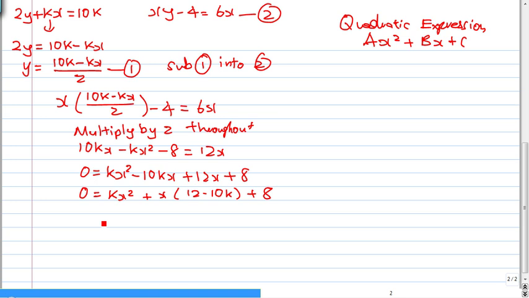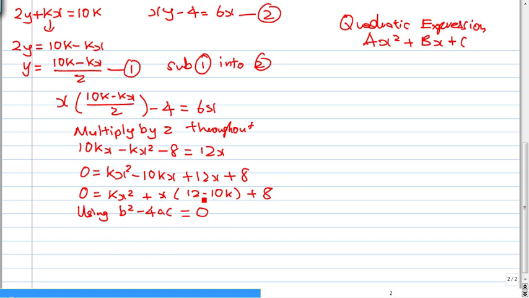Alright. Okay, so now since they tell us that it's a tangent, that means the curve and the line only touch at one point. So we use the discriminant. We have to use the discriminant in such a way that it equals 0. So b squared minus 4ac equals 0.